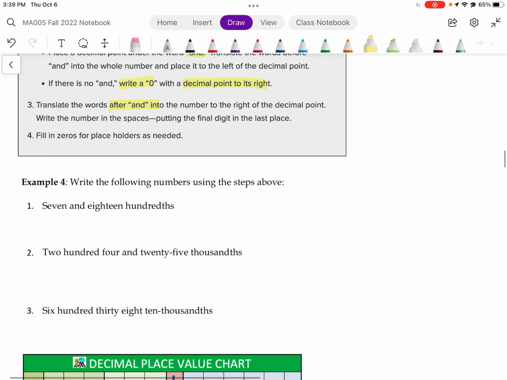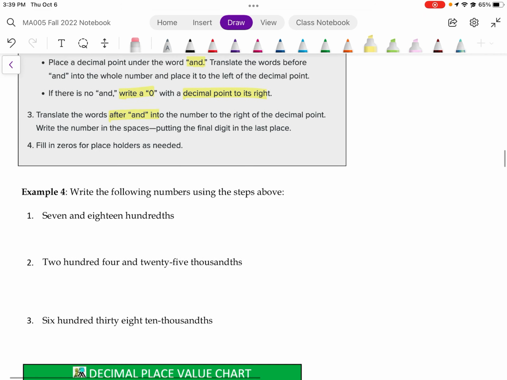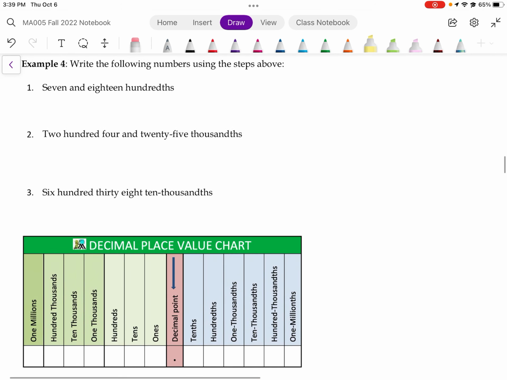All right, so number 4. Why don't you try these? Just try them, see what you can do with them. Okay, so here's our place value chart that we're going to use while we do this. So 7 and 18/100ths. I'm going to erase these as I go because I only had room for this one.